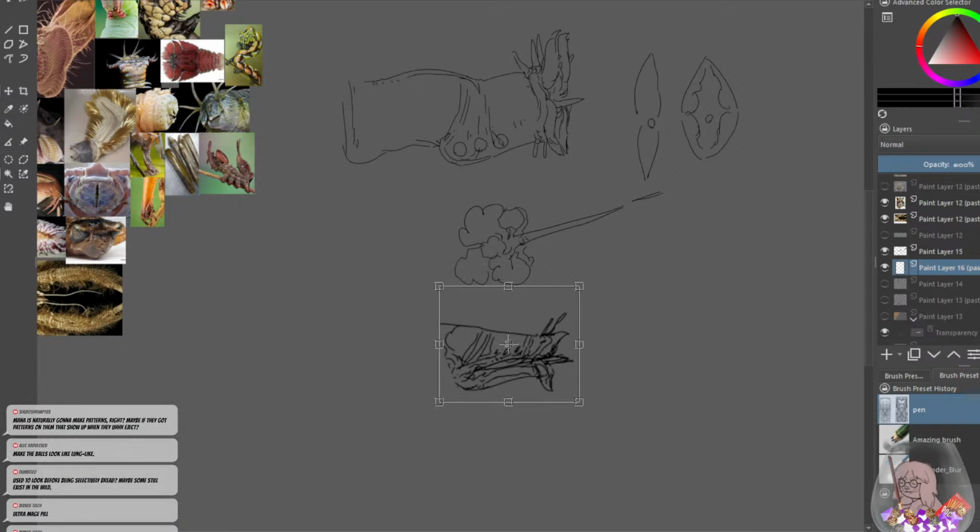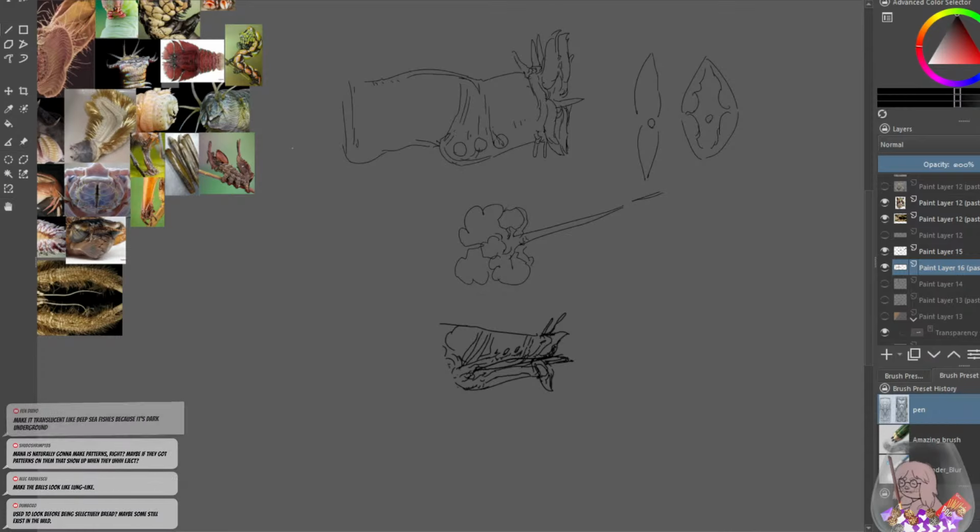So less just floppy and more like a chameleon's tongue, where they can shoot it out. So it needs musculature to it.